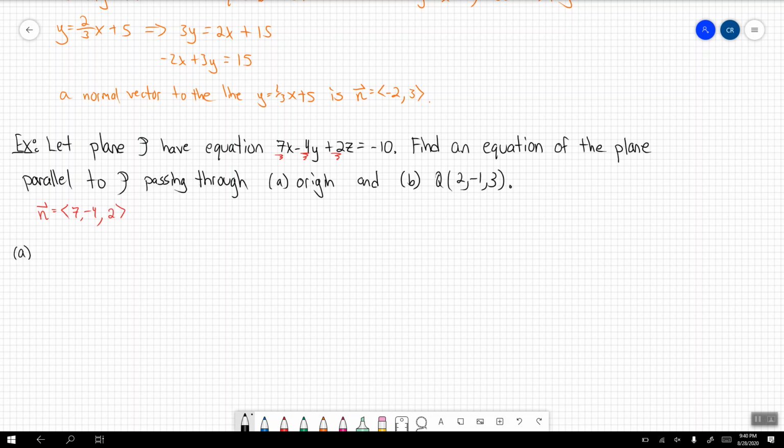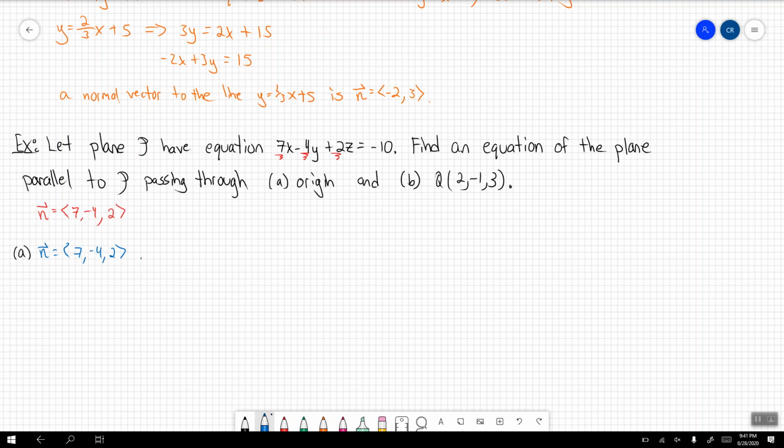If two planes are parallel, then their normal vectors orthogonal to each respective plane must also be parallel to one another, which means we can use the same vector. So the normal vector for part A is going to be the same vector that I extracted, which is 7, -4, and 2.